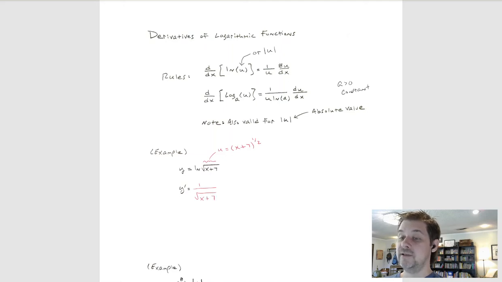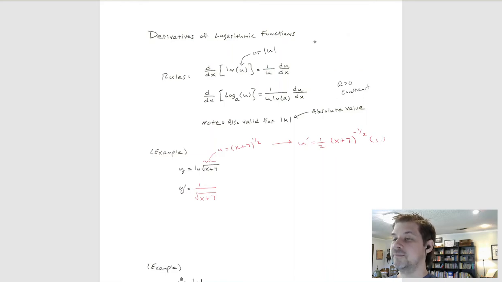But then I'd have to find the derivative of x plus 7 to the 1/2 power. That's what's going to be here. That's what du over dx means. So I'm going to do u prime, du over dx, however you want to say it. And by another version of the chain rule learned about previously, this one would be 1/2 times x plus 7 to the negative 1/2, then times 1.